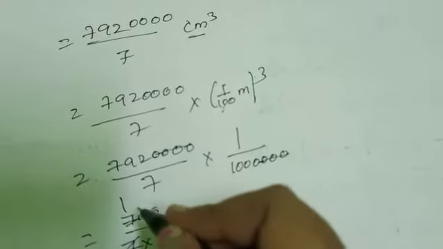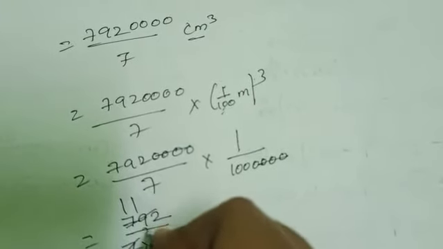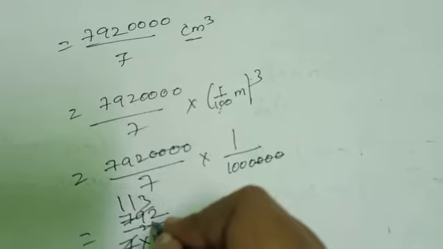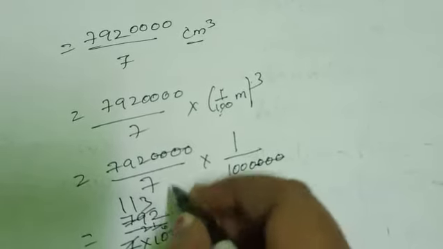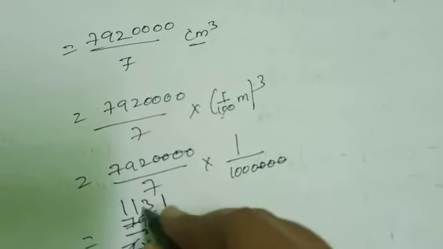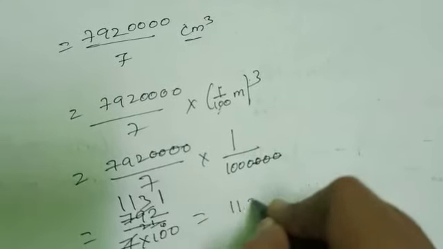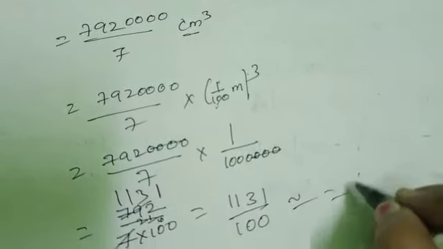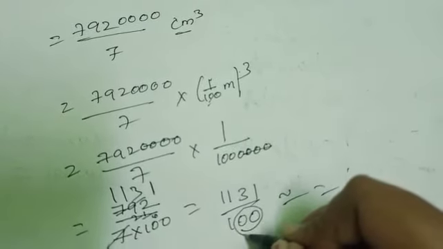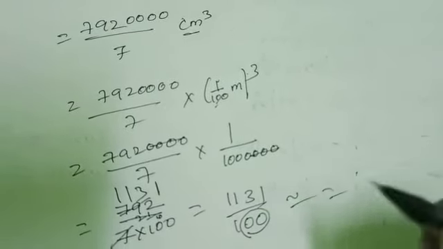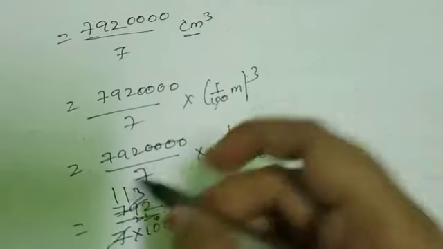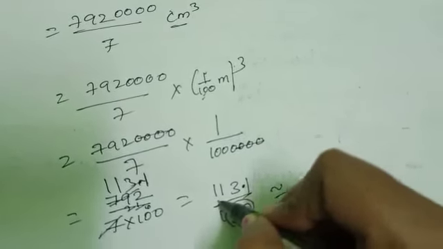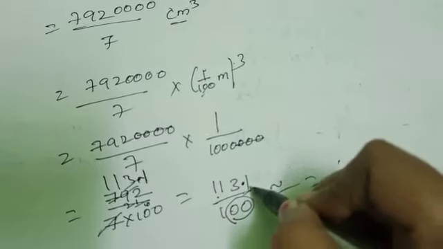7 ones 7, 7 ones 7, 7 threes... approximately this value equal to 1131 by 100, which is equal to 113.1 by 100.